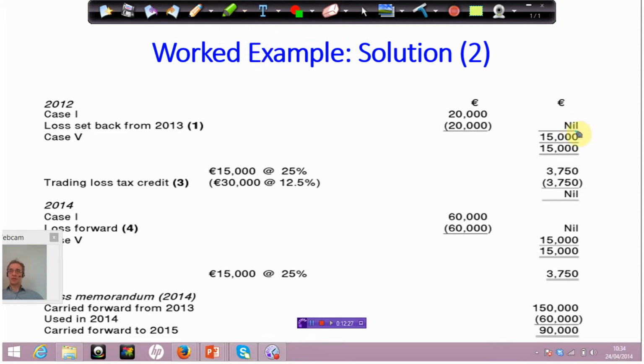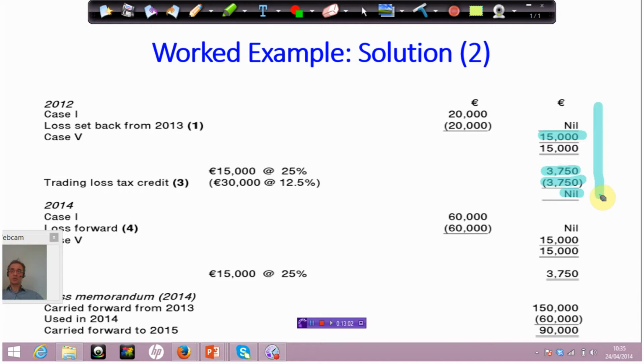Again, we just have to calculate the tax as per normal based on the 25% rate, and then say, okay, we've got a tax bill, but we do have a loss available, and we're following our steps as per our earlier slide. How much of the trading loss do we need to offset this tax? In this case, to get 3,750 we need £30,000. 30,000 euros indeed. So we slot that in there, giving us in effect a nil assessment. So we've now dealt with the 2012 year as well.